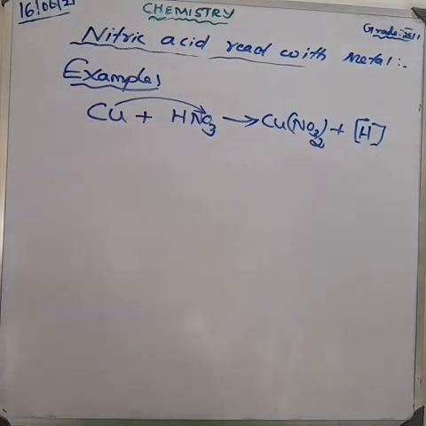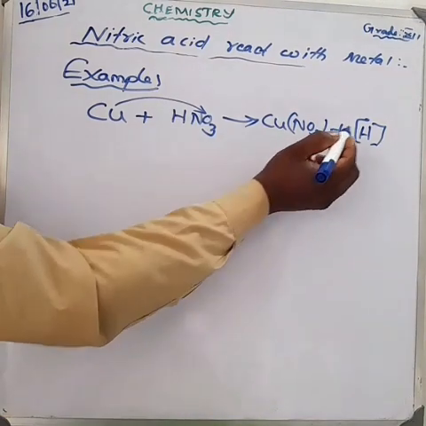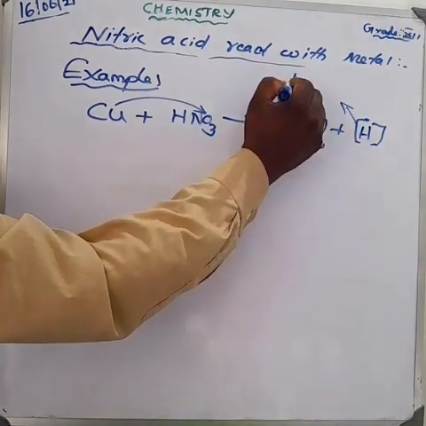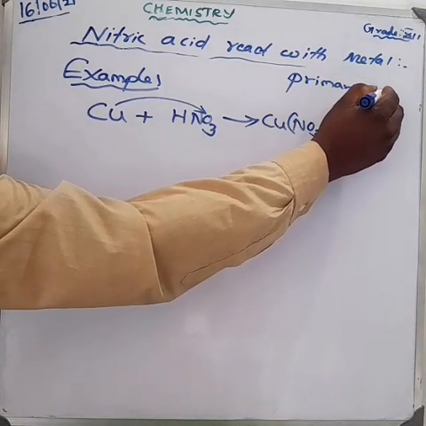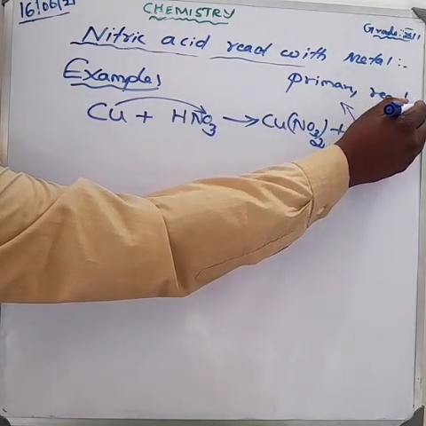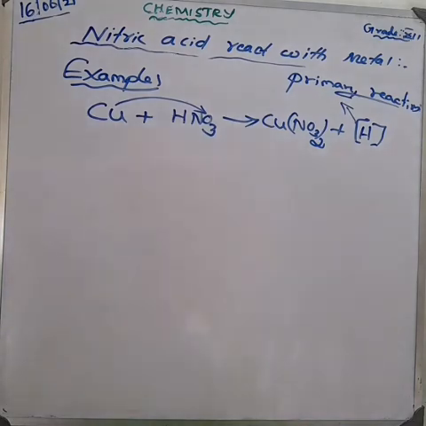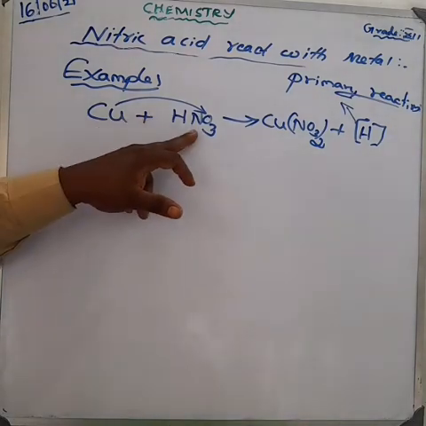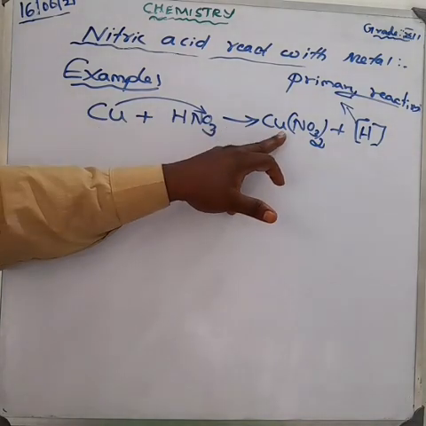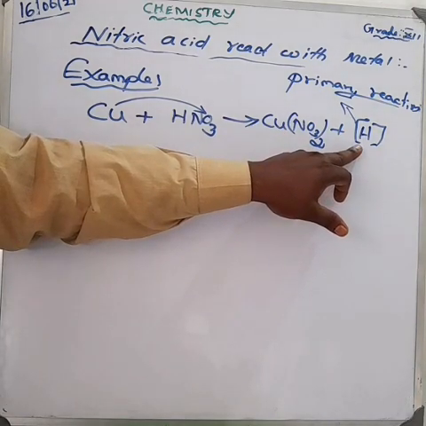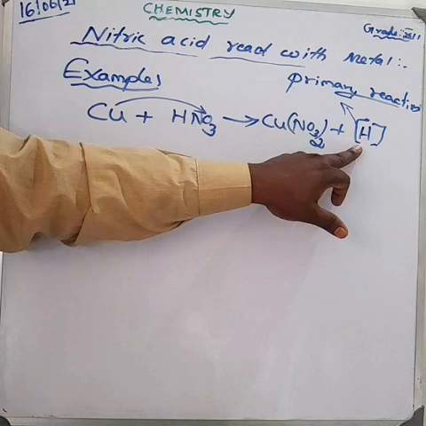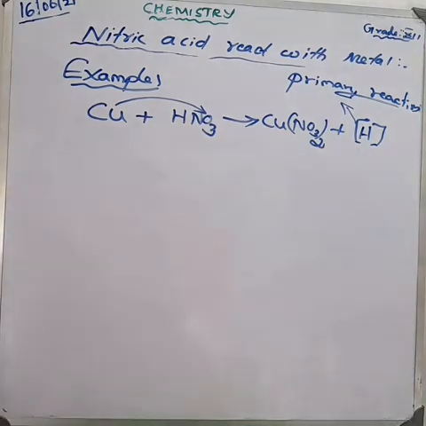I told you that in the primary reaction, nascent hydrogen is released. This is the primary reaction. What is the primary reaction? Metal reacts with nitric acid, we get metal nitrate, and also we get nascent hydrogen. Don't forget that this is the primary reaction.